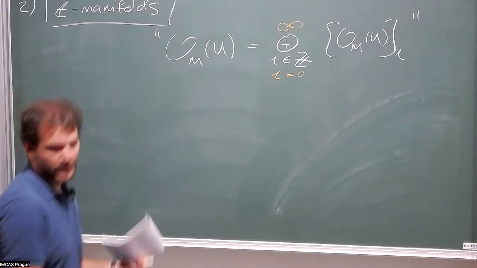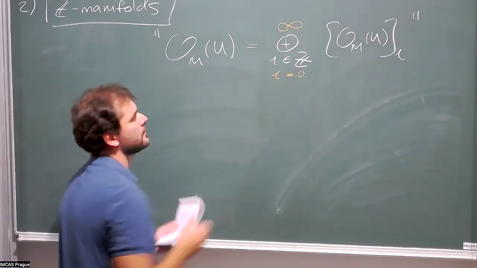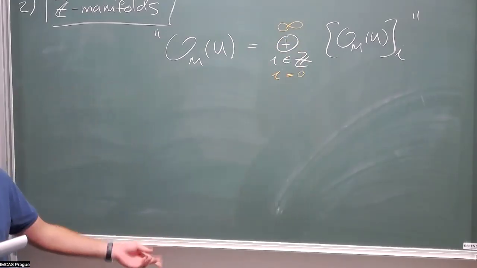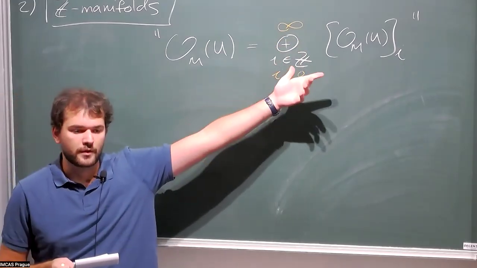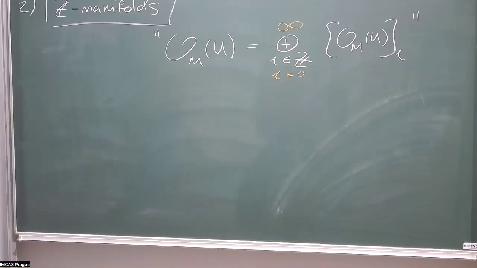Basically, the reason is simple. It's just because we have a direct sum here. So the elements of this are finite linear combinations. If you want this to be a sheaf, then for every open cover and every collection of local functions that agree on overlaps, you want them to glue to something.